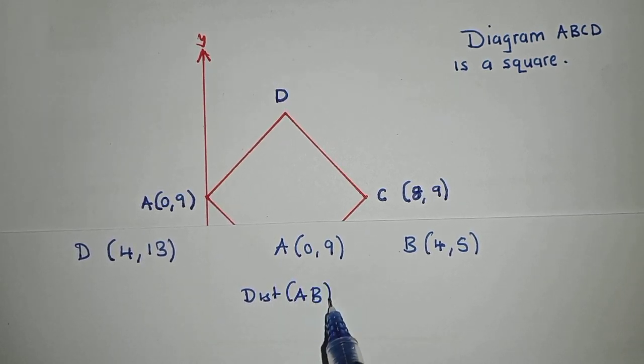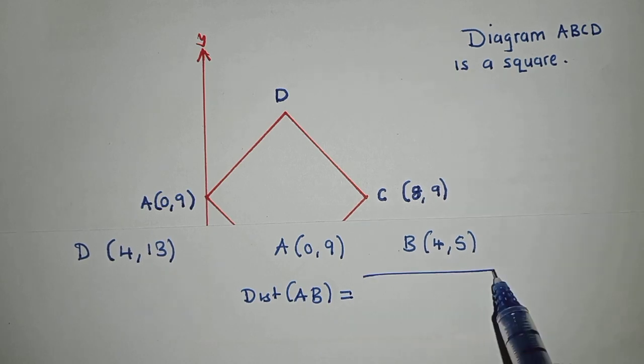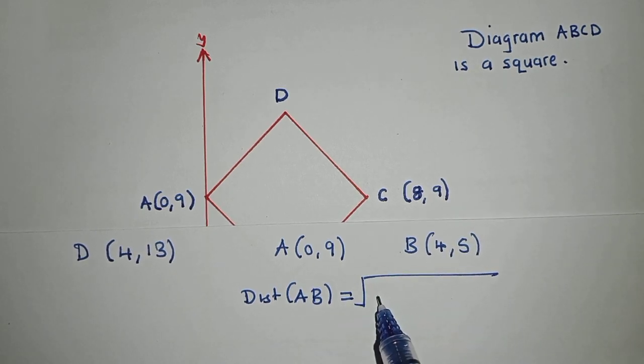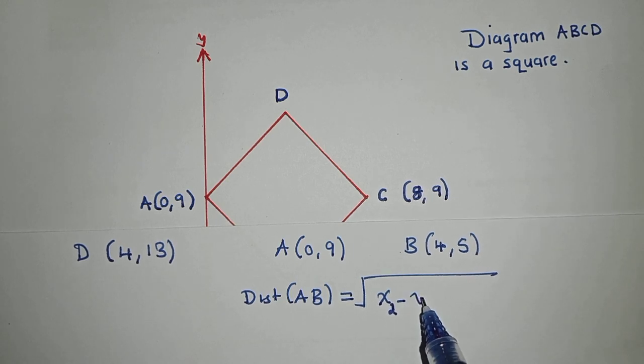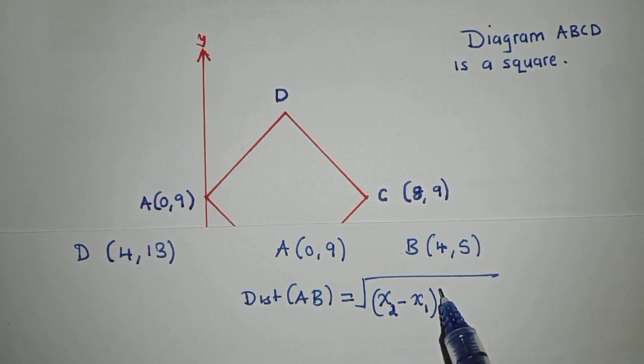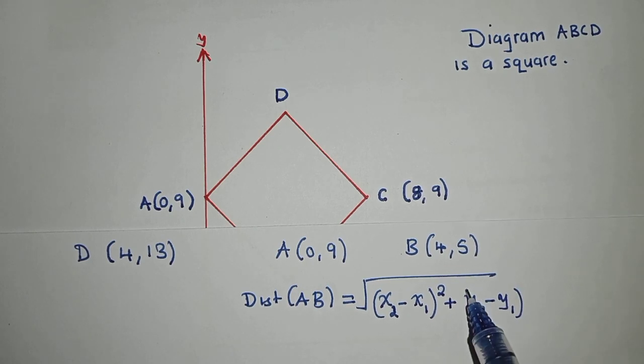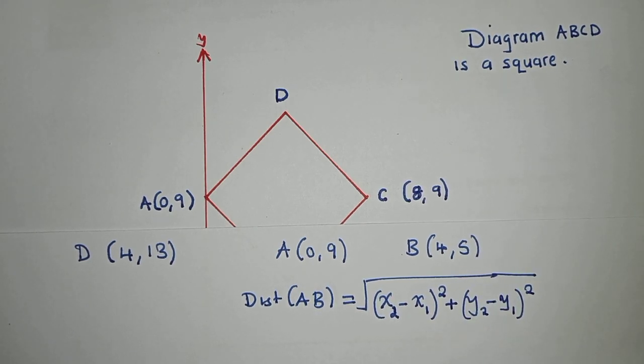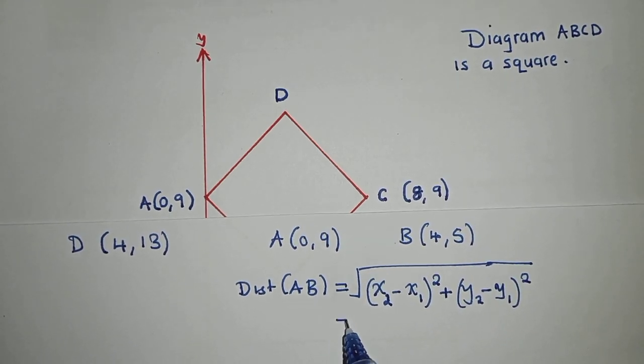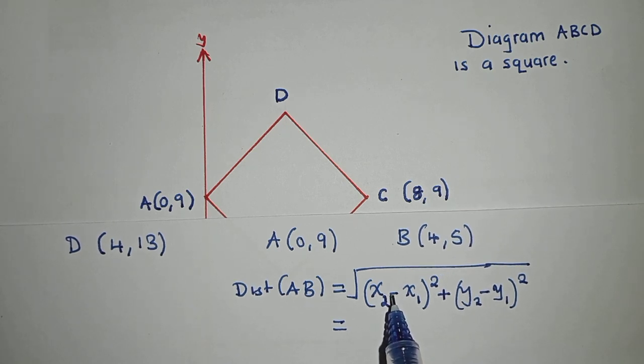Distance AB is equal to the square root of (x2 minus x1) squared plus (y2 minus y1) squared. What is my x2?